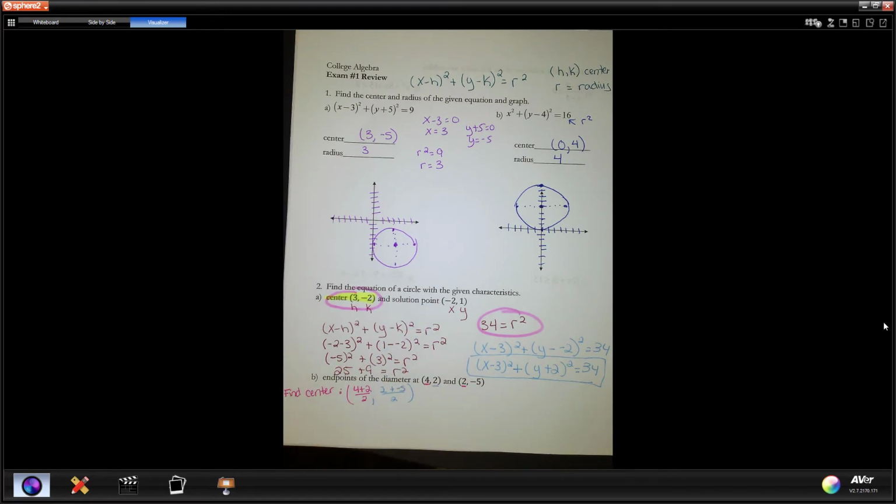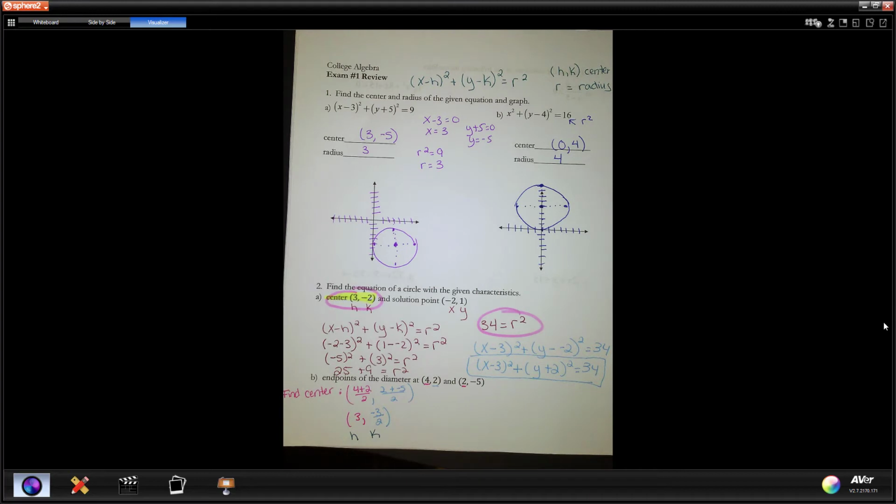So now our center would be 6 divided by 2, which is 3, comma, and then 2 plus negative 5, so that would be negative 3 over 2.